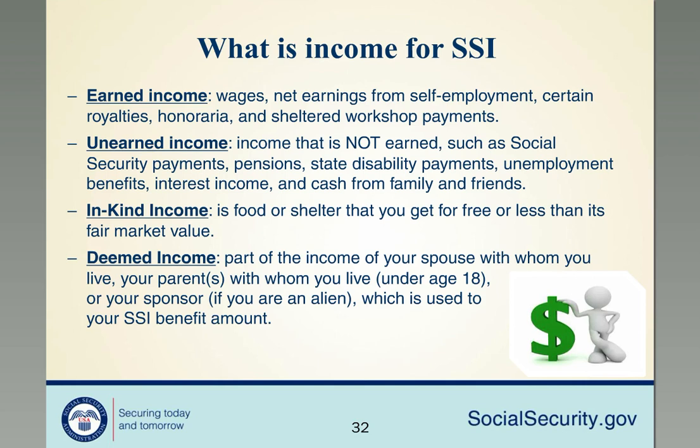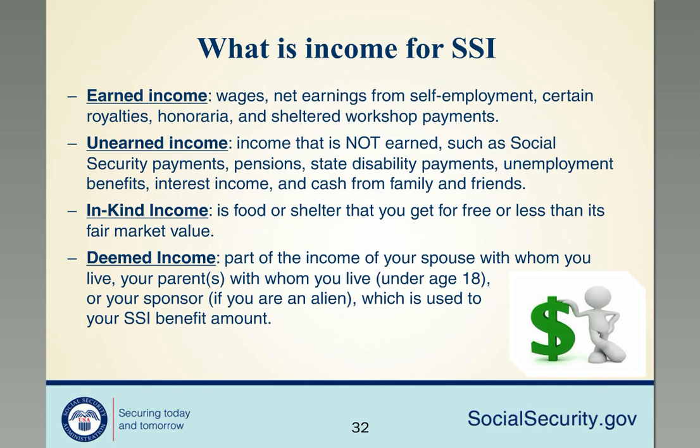We're going to look at the value of that. The idea here being is that some of your spouse's income will go to your support. Also, if you're a child, we're going to look at the income of your parents. The idea being that your parents are providing you support as well. So these are the 4 basic concepts that we look at for income.